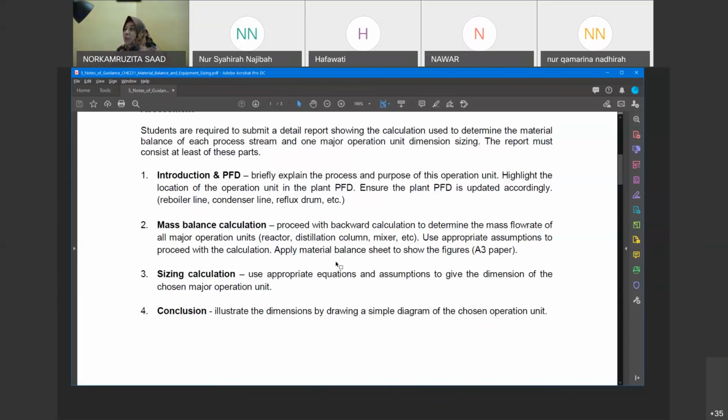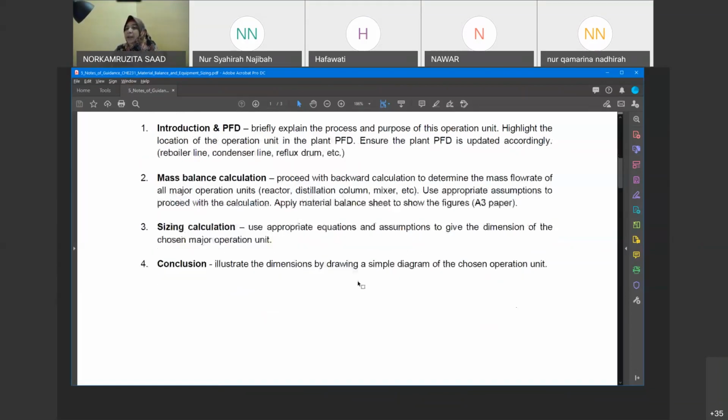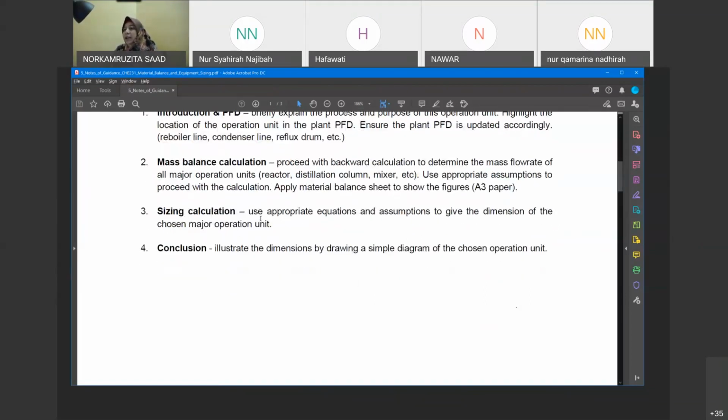Okay, so you tahu proses dan you kena tahu berapa tinggi you nak, berapa tray you nak, tapi bukan you yang bina benda tu. Jadi kena collaborate juga dengan bidang-bidang lain. So that's why you need to find information.